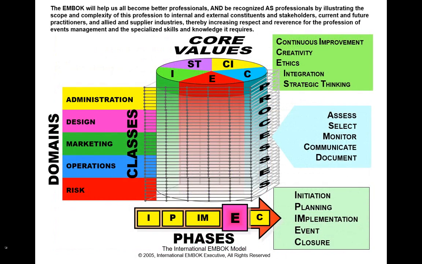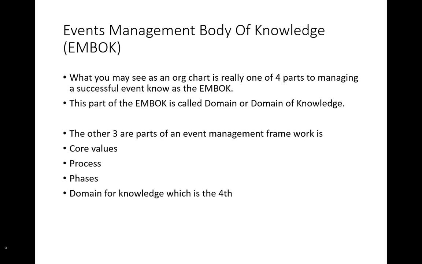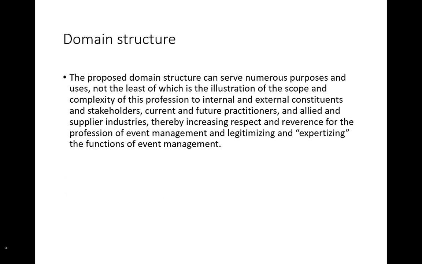So again, the multi-dimensional model. And then let's say turning our org chart into a checklist. As I said, it has 4 parts. We have 3 parts, which is the core values, the process phase, and then the domain of knowledge. So the domain structure, as I said, serves many purposes. We just did it as an org chart.